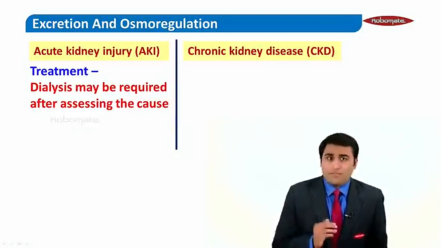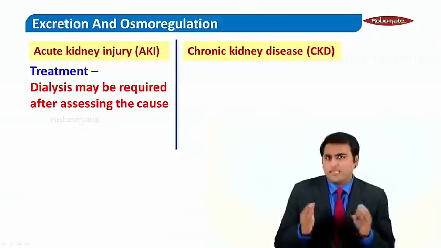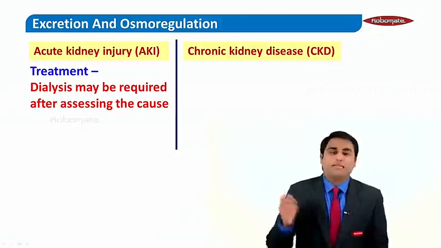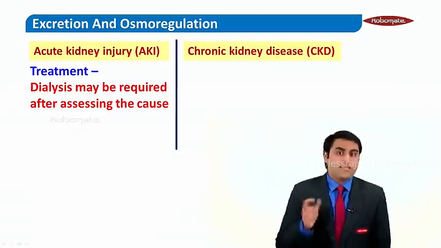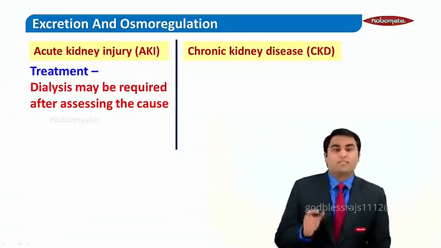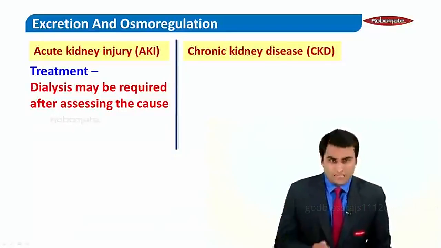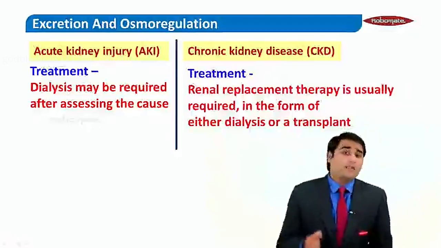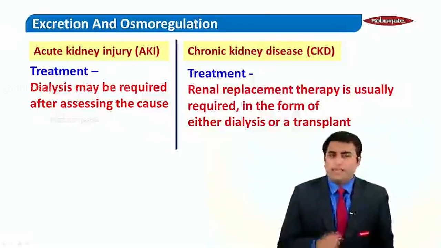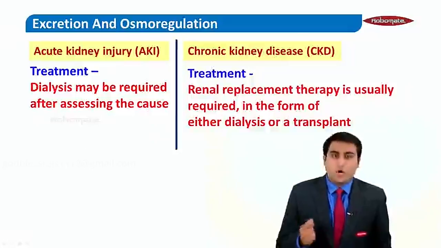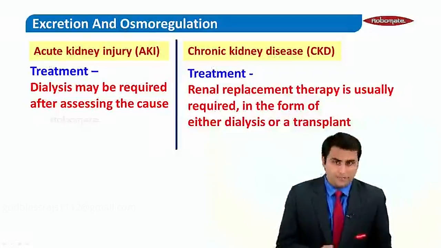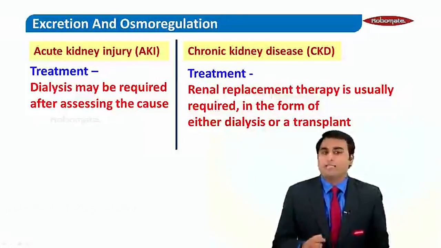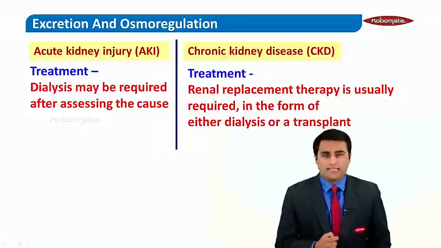But till the diagnosis is done, we can bridge the time gap with the help of dialysis, so the patient can be supported with dialysis. And in chronic kidney disease, renal replacement therapy is required, either in the form of dialysis or renal transplant. So this is the treatment of acute kidney injury and chronic kidney disease.